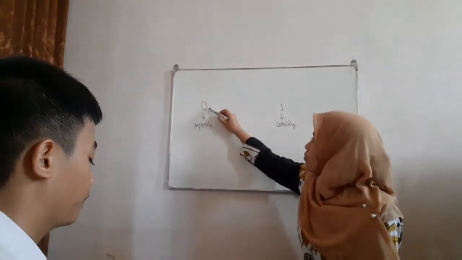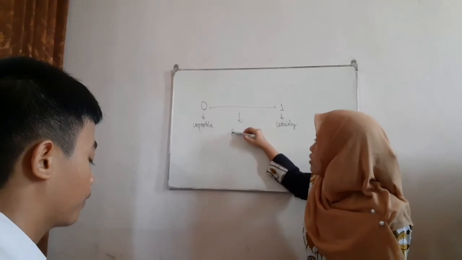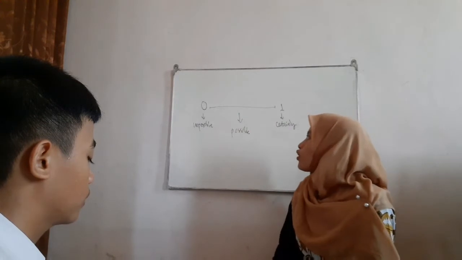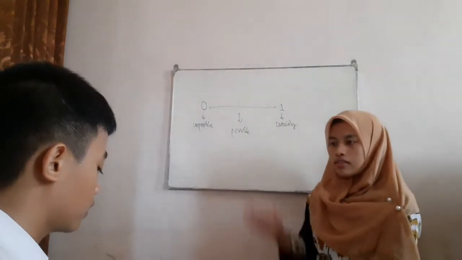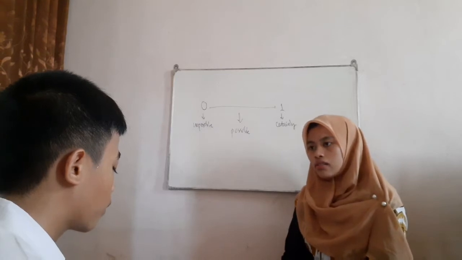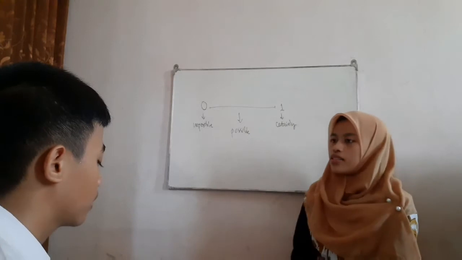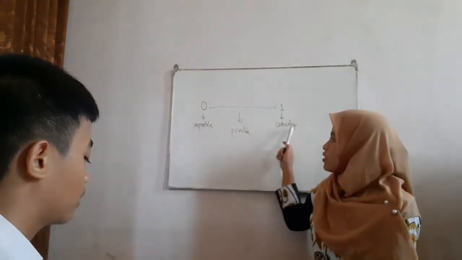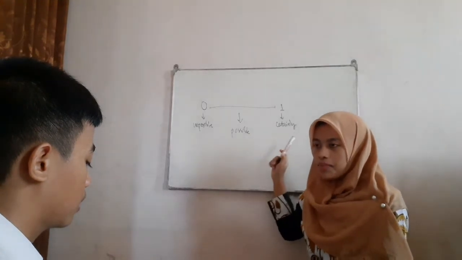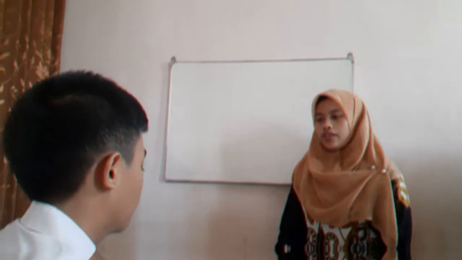Yes, it lies between 0 and 1. So what do you get from here? The value of probability starts from 0 and the maximum is equal to 1. Yes, because we just have 3 categories here: impossible, possible, and certain to happen. Okay, you understand? Yes, Miss.